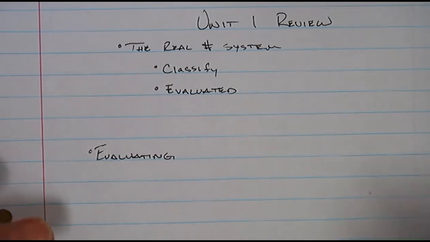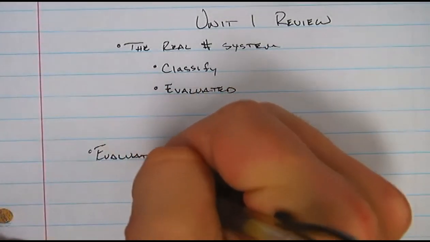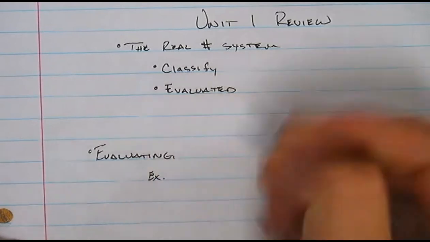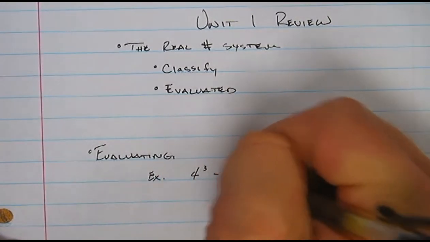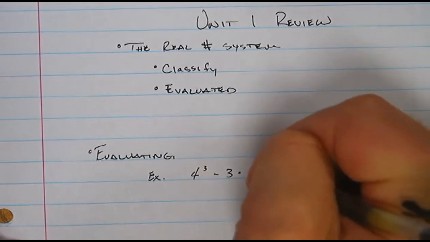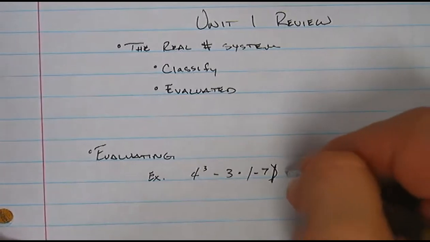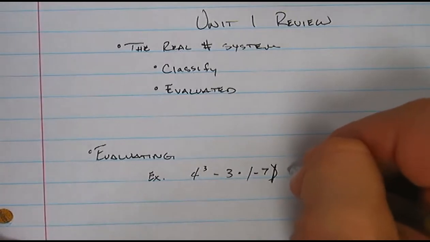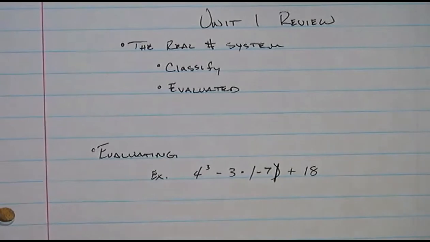So we could take something like, for example, 4 to the third minus 3 times the absolute value of 7 plus 18.